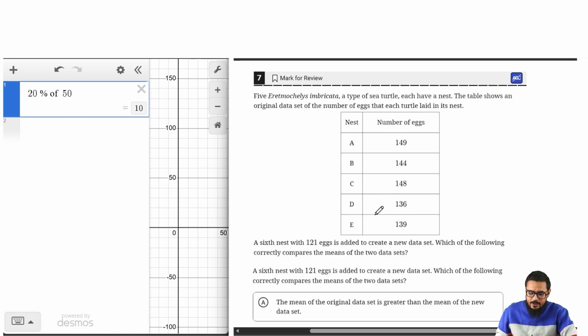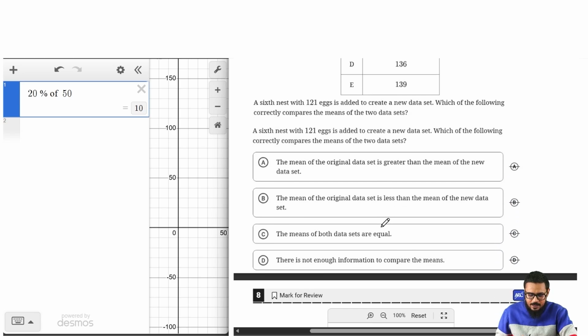It's the lower outlier. So obviously, it would pull down your mean from the original mean for the initial set, because 121 is actually smaller than every single value that you originally have in this data. So obviously, your new mean would decrease from the previous mean.